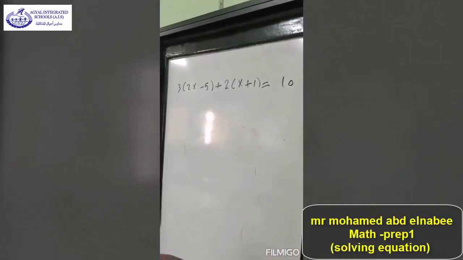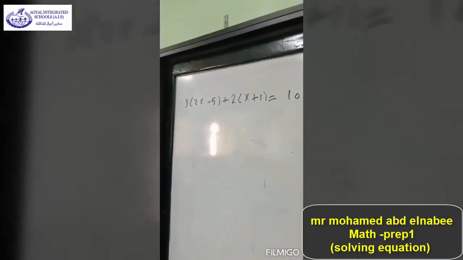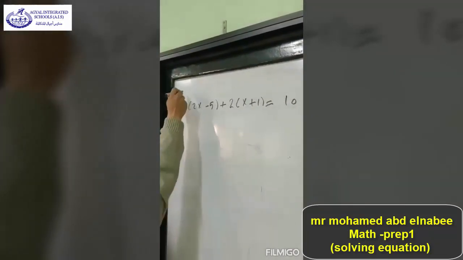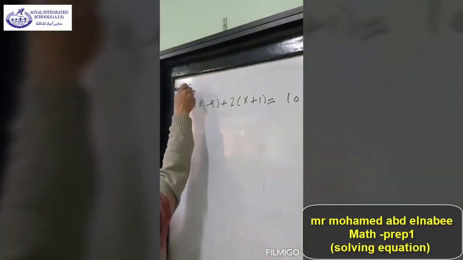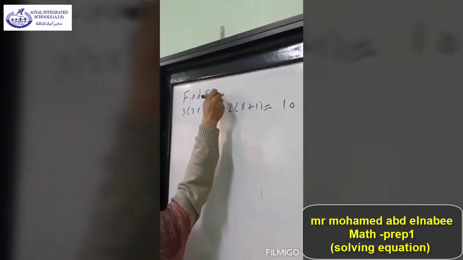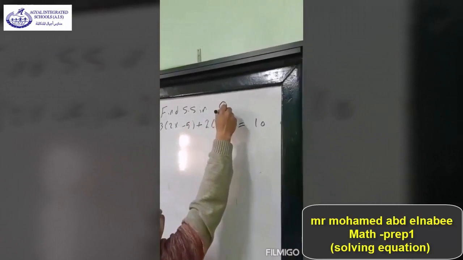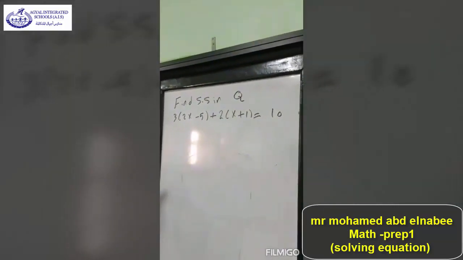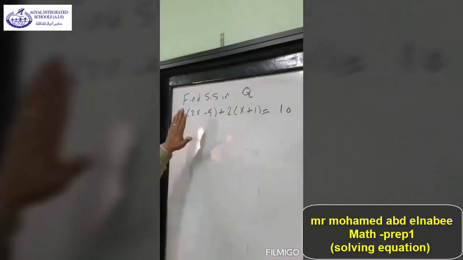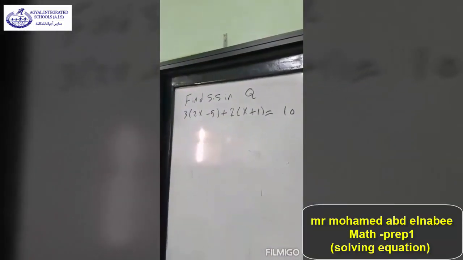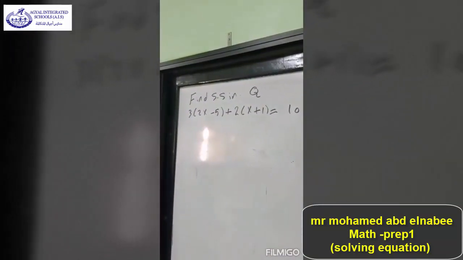How do I solve this? We must know what the set is in which we are working. Yes, we write: find S in any set you like. I like Q. Not me as Muhammad, but in general, we study the solution set in Q. Now, we must remove all the brackets.